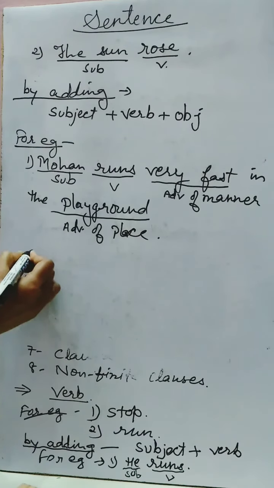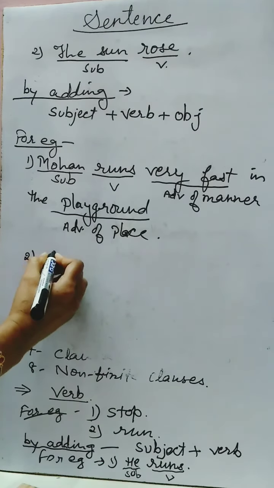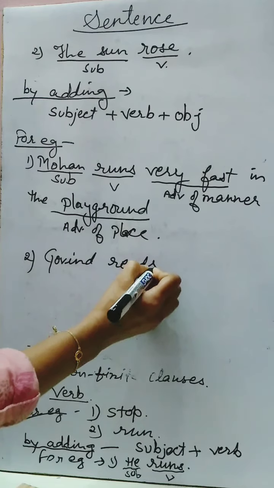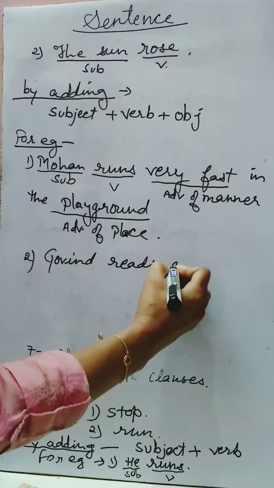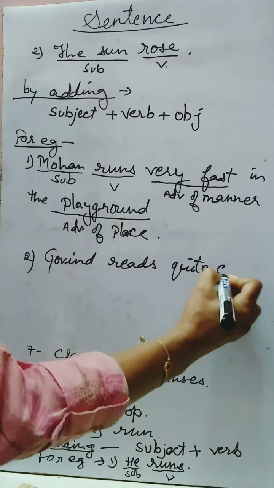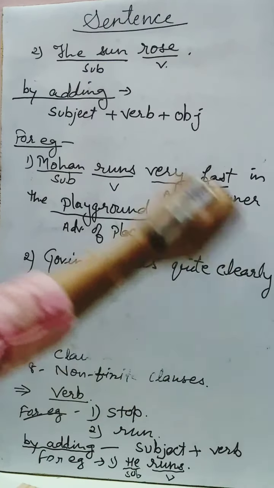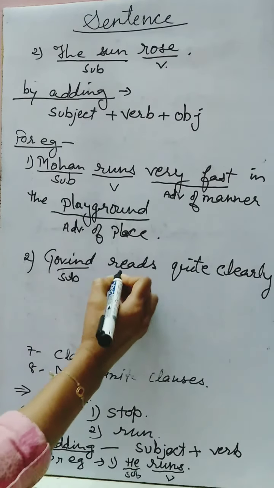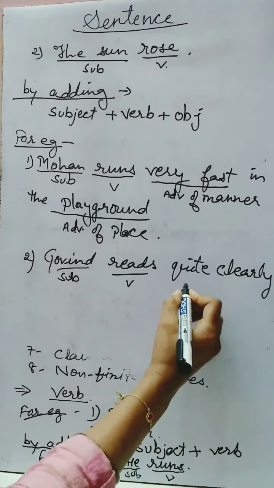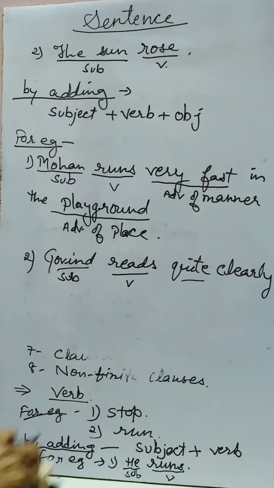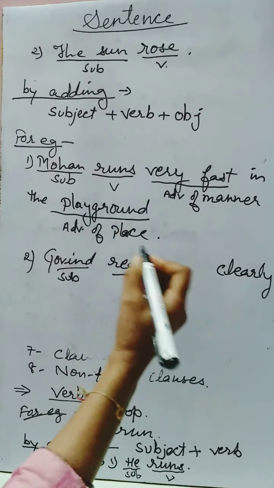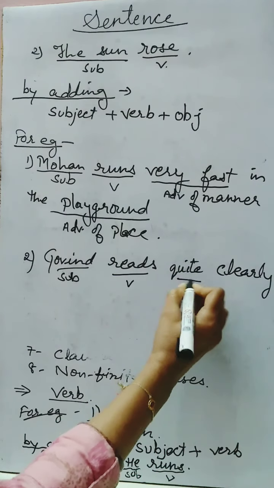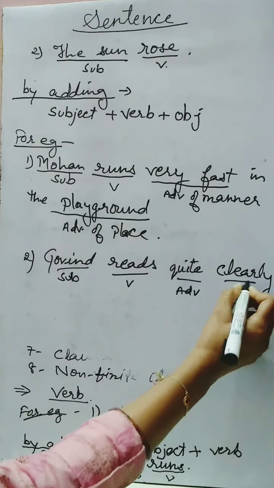See one more example. Govind reads quite clearly. Here you see Govind is a subject, reads is the verb, and this is an adverb and this is an adverb.